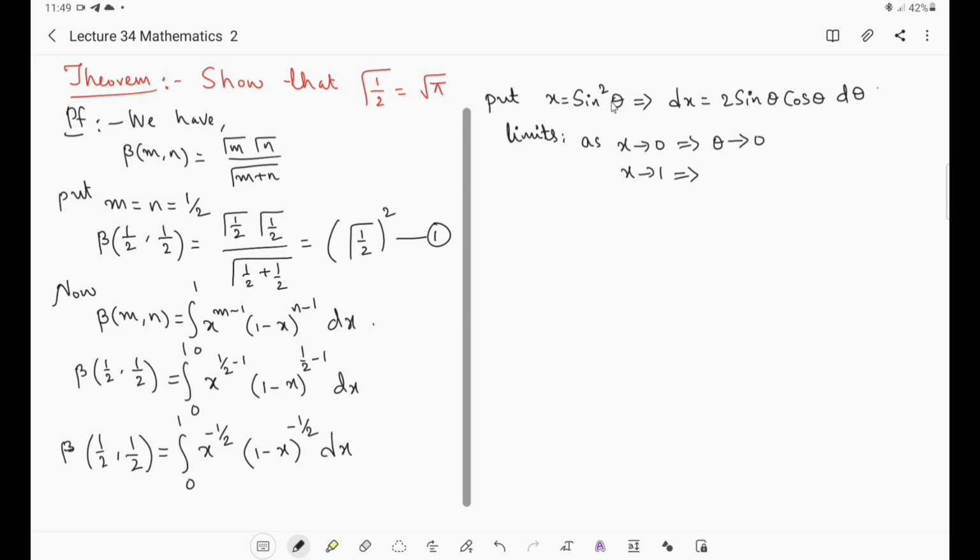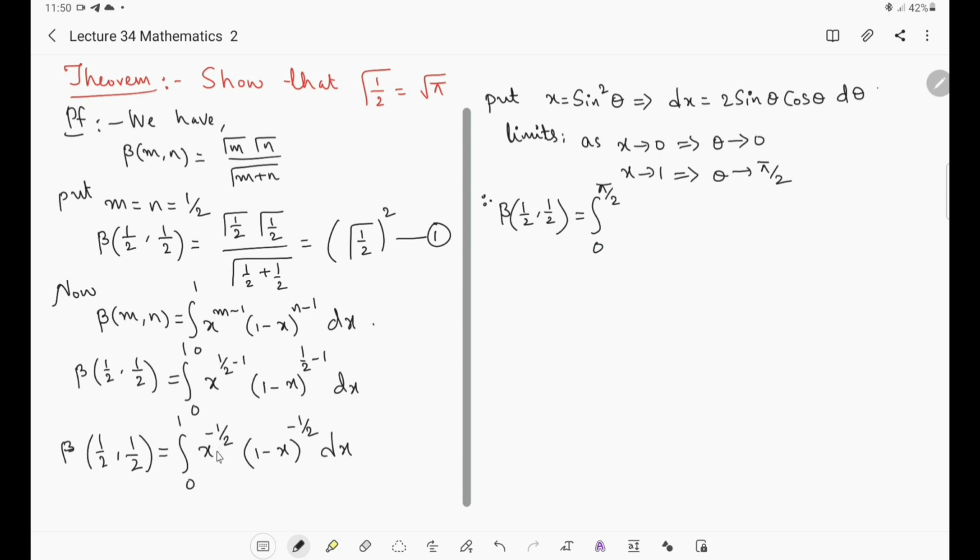Sine theta will be 1 when theta equals pi by 2. So theta goes to pi by 2. Therefore, beta of 1 by 2 comma 1 by 2 equals integral 0 to 1 changed to 0 to pi by 2.